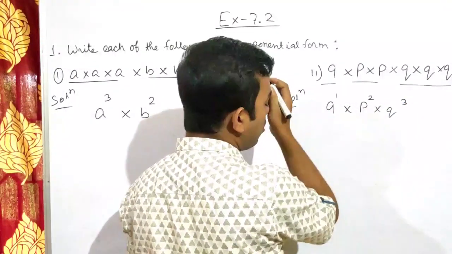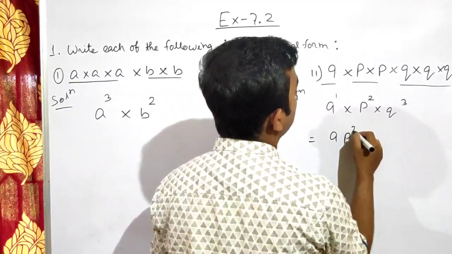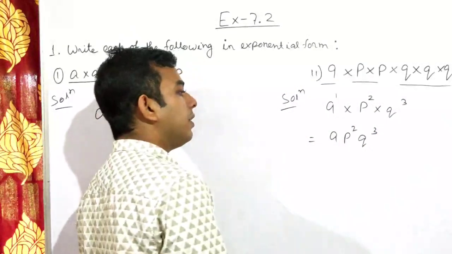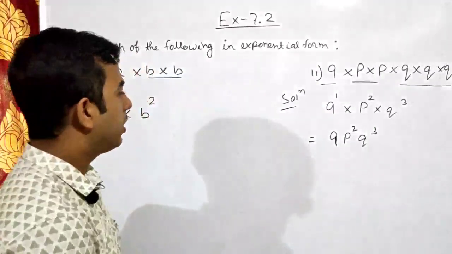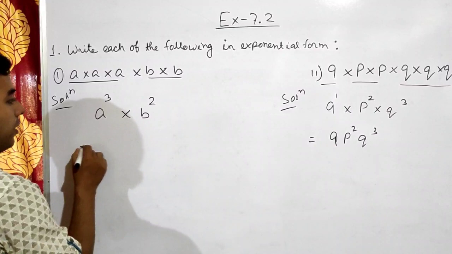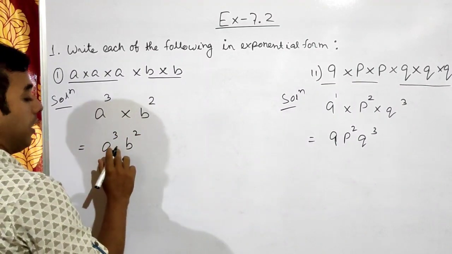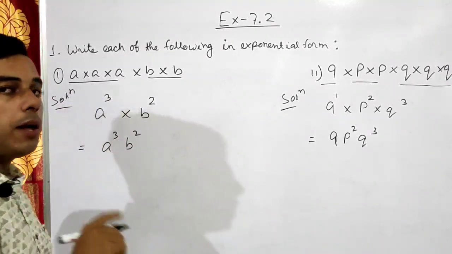So 9 to the power 1 means 9, then p square q cube. It can be written like this also: a cube b square. There is nothing in between these two alphabets, which means both of them are multiplied.